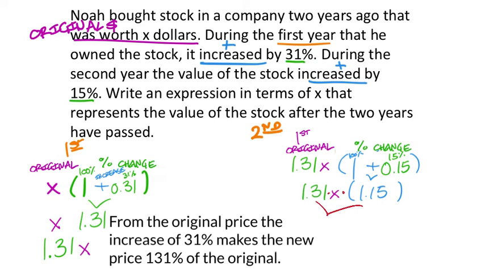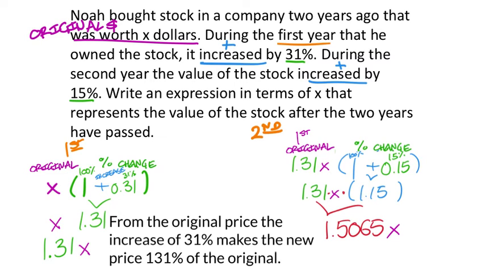And I can actually combine those two, so I'll do that in my calculator. 1.31 times 1.15. Enter. I pushed the wrong button, so I've got to try it again. 1.31 times 1.15. Enter. And I see 1.5065. And then I would multiply that by x.